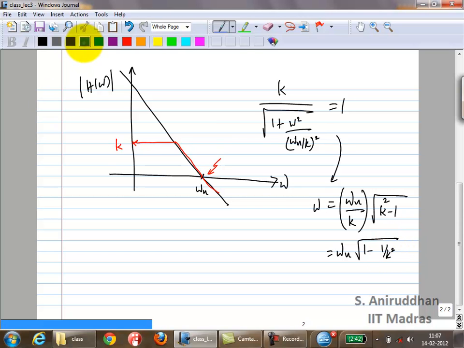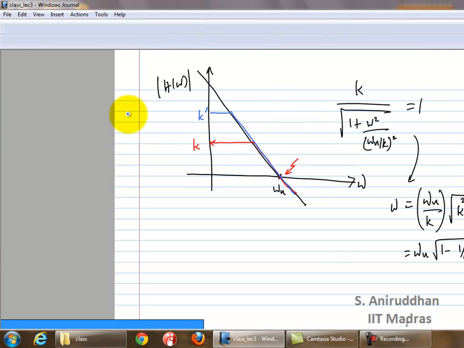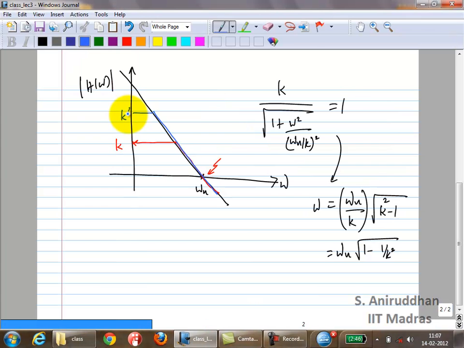Now suppose you want to build an amplifier with a larger gain, with a different k, then you would be doing something like this. You'd have something which looks like the blue curve, right?